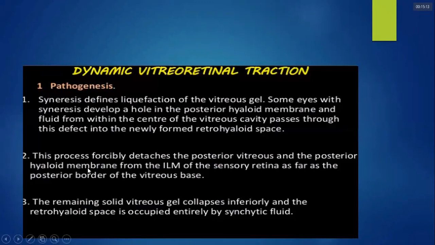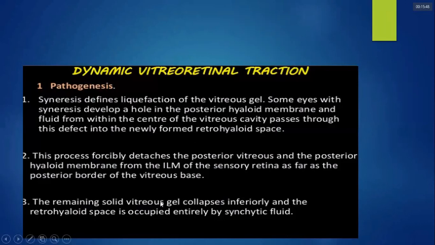This process forcibly detaches the posterior vitreous and the posterior hyaloid membrane from the internal limiting membrane of the sensory retina, as far as the posterior border of the vitreous base, because the vitreous base is attached to the internal limiting membrane. So when there is liquefaction of the vitreous, it gradually passes into the retrohyaloid space, just behind the vitreous, and what it does is there is a separation of the posterior vitreous.